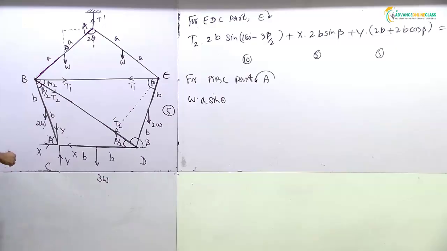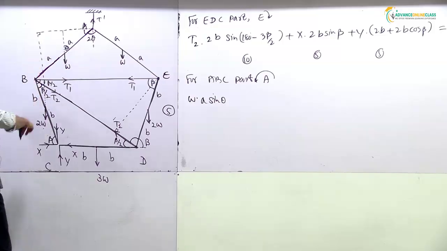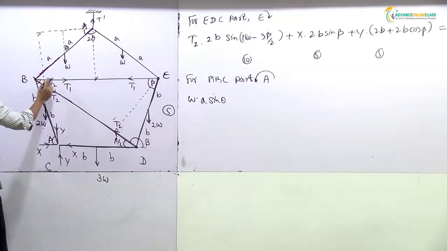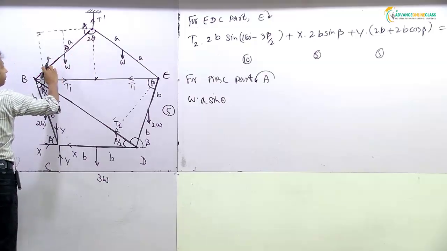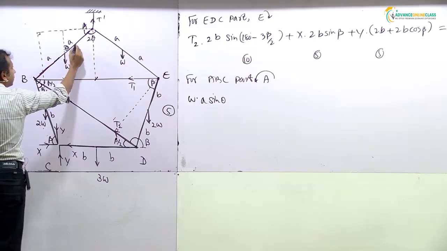You will tell me what is the moment of 2W? This length we need. From here to here, what? 2A. This angle is theta, and this also theta.